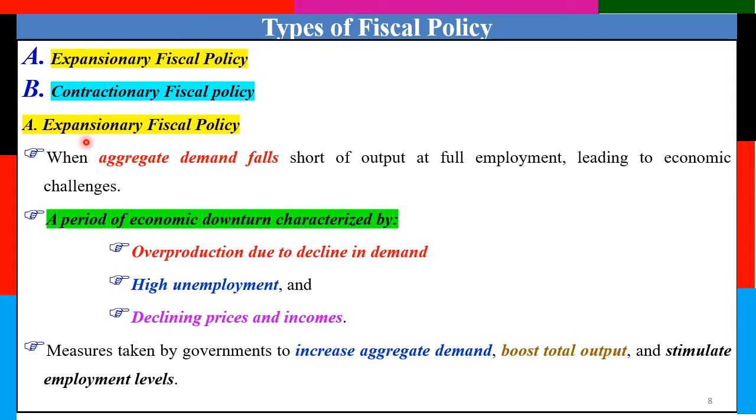From the fiscal policy, the expansionary fiscal policy is the appropriate one, or the correct one. The decline, or when the aggregate demand has failed, means there is a shortfall in output, that at full employment, output declines. This is leading to what? Economic challenges.